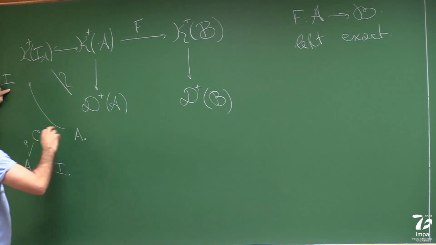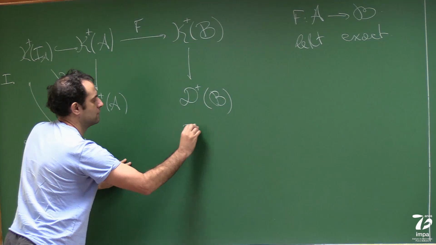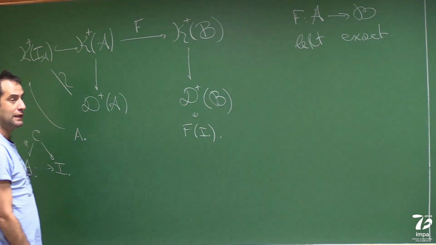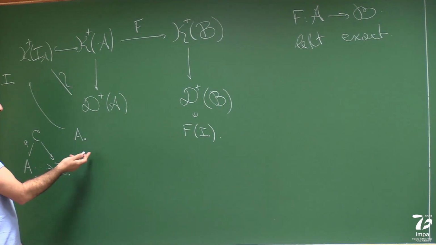And then just the image of that guy across this functor, which is just F of that, is an object in this category that is well defined, that only depends on this A up to isomorphism in this category.